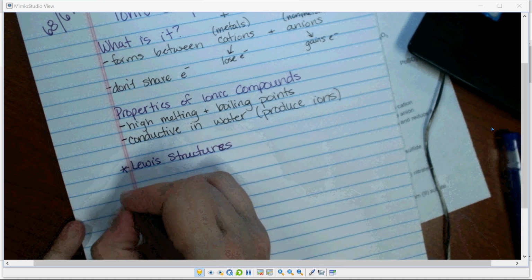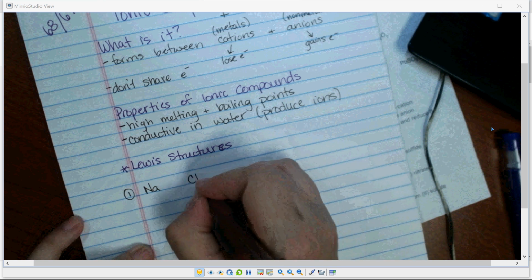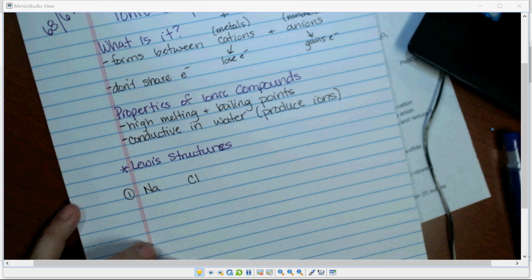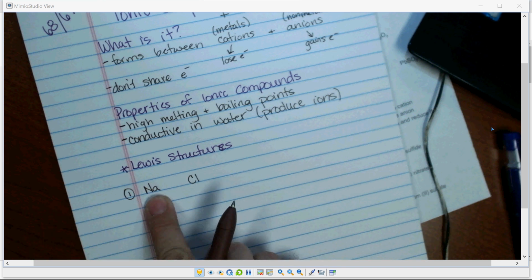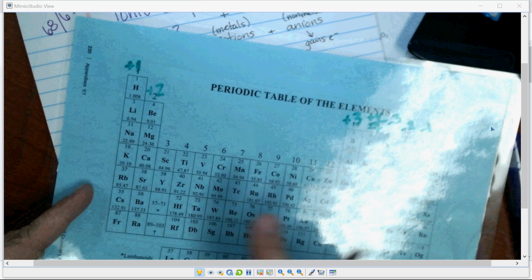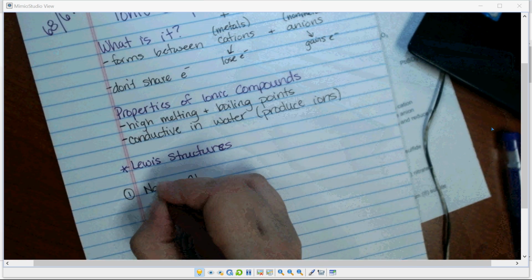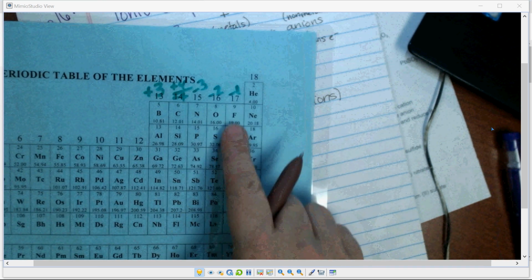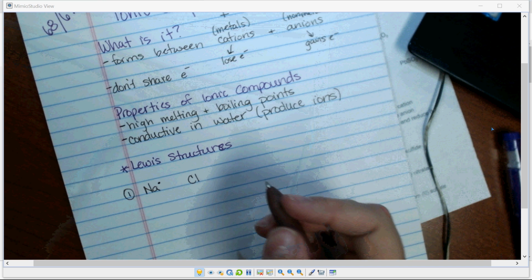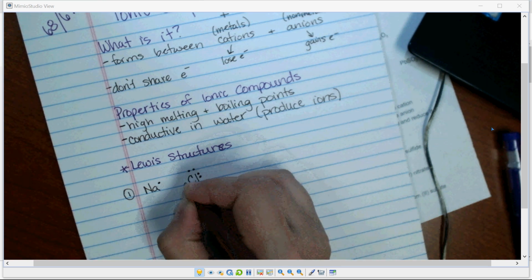So for example, if I've got sodium and it is going to react with chlorine, what you have to do is think of how many valence electrons sodium has. Sodium is in group 1 on the periodic table, so that means it has 1 valence electron. So I'm going to give it its 1 dot. Chlorine is in group 17, and so it has 7 valence electrons. So we get 7 dots.